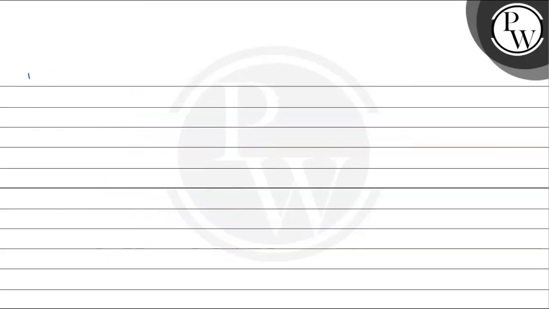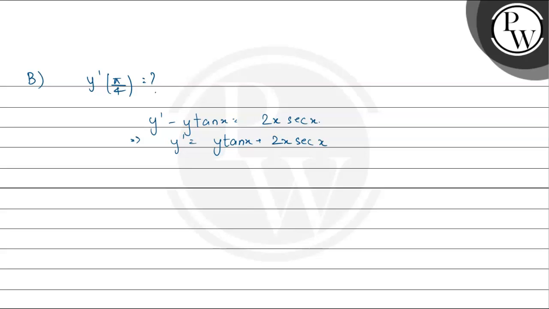Moving on to option B, the value of y dash of pi upon 4 equals question mark. In the question itself, we were given a differential equation: y dash minus y tan x is equal to 2x sec of x, which implies that y dash is equal to y tan x plus 2x sec of x. Hence, if we replace y with x square sec x, we'll have y dash as x square sec of x tan x plus 2x sec of x.